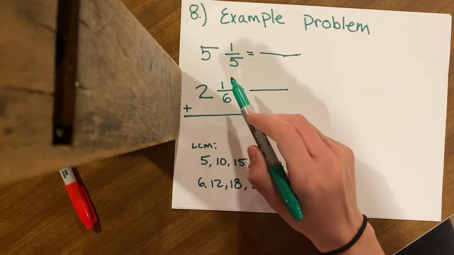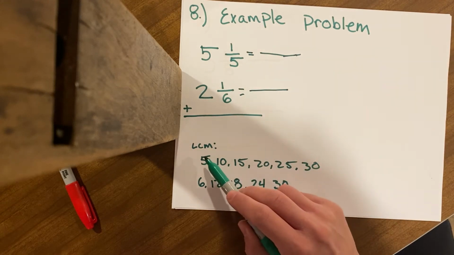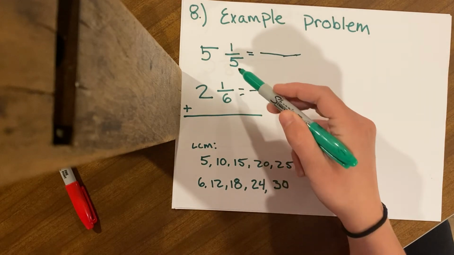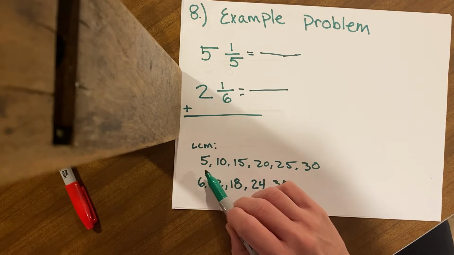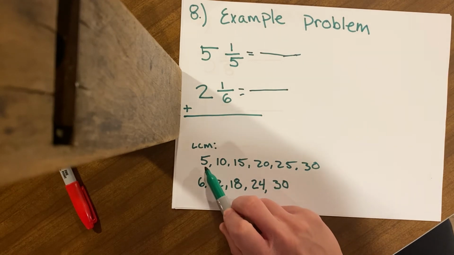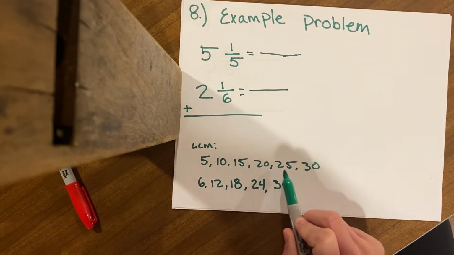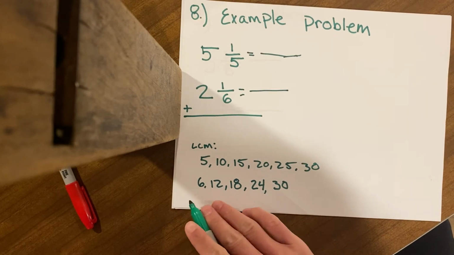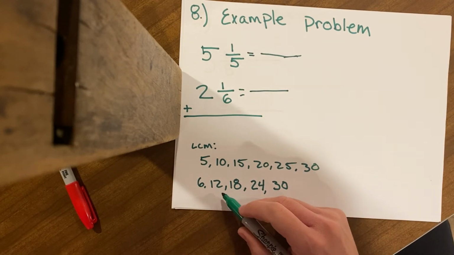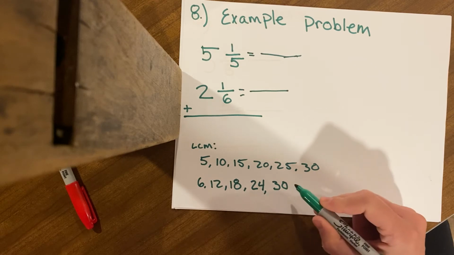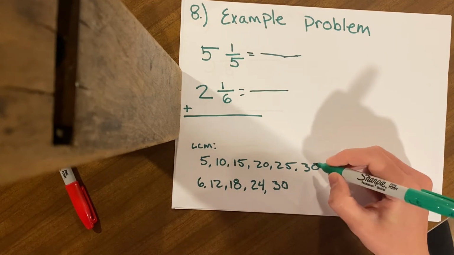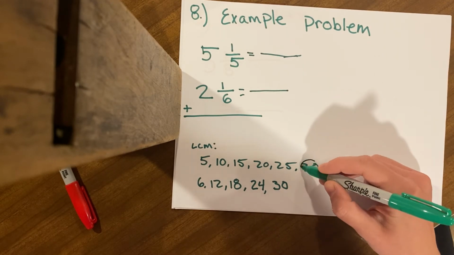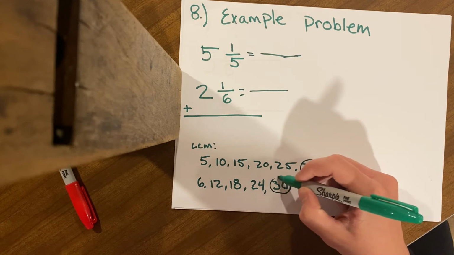Okay, now we need to figure out our least common multiple for 5 and 6. Let's list our multiples of 5: 5, 10, 15, 20, 25, 30. Our multiples of 6 would be 6, 12, 18, 24, 30. We're just skip counting. Now we know our least common multiple that shows up is 30.